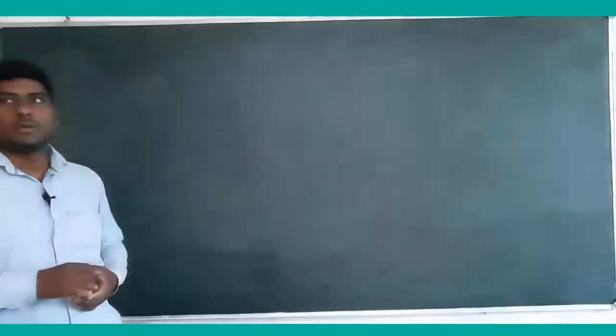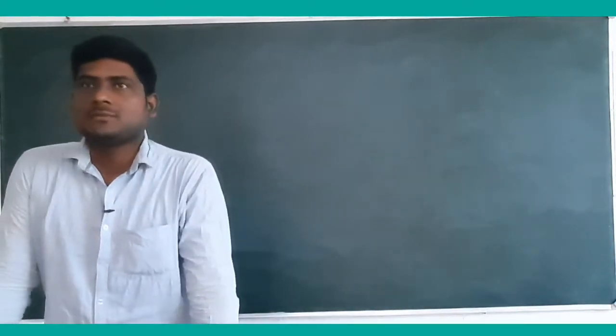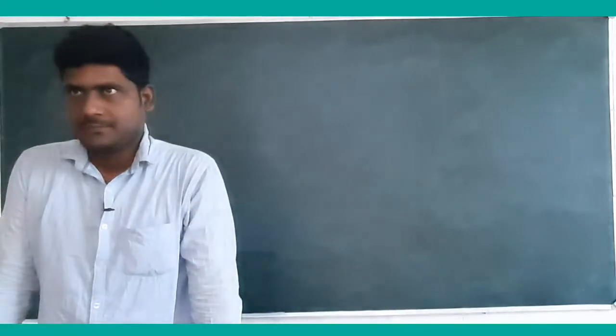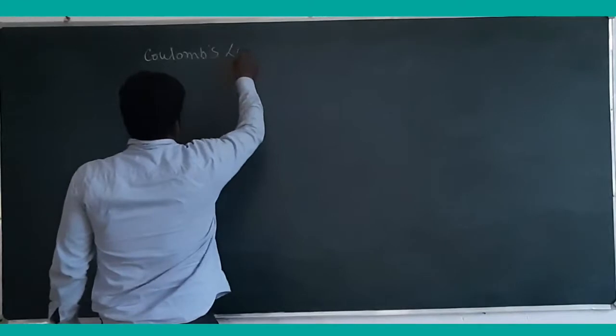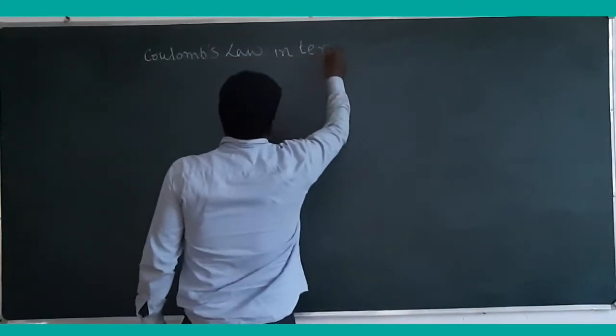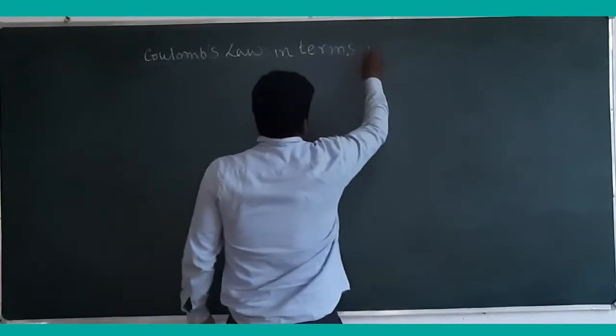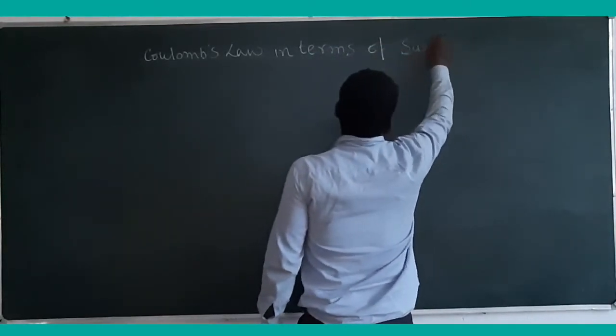In the previous class, we found the expression of Coulomb's law in terms of line charge density. Today we will find the expression of Coulomb's law in terms of surface charge density.